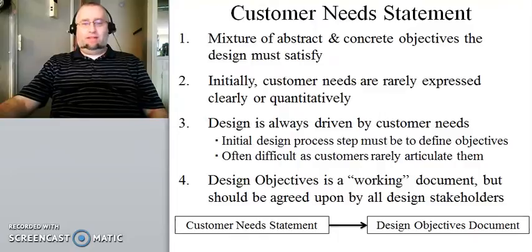The initial design process step is really to define the objectives based on the customer needs. And as I said, this is often pretty difficult because the customer can very rarely articulate the objectives in a clear way. So once you get customer needs, your next objective is to create a document which is a design objectives document. This is a working document, meaning that it is like the design process in that it can be continuously changed and updated as you learn more about the problem.